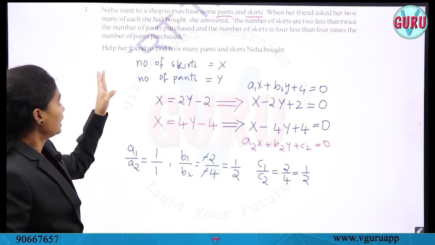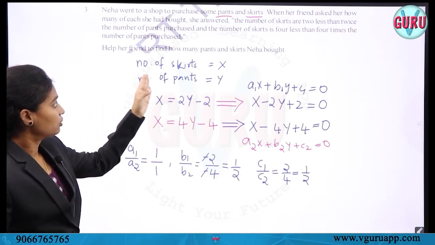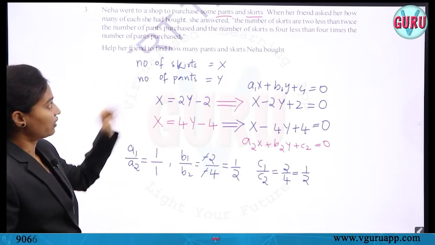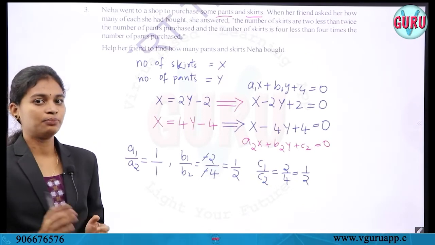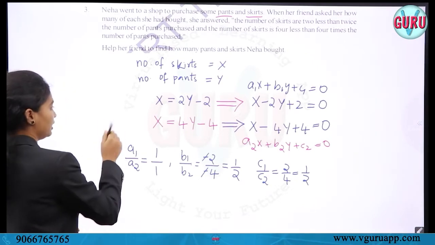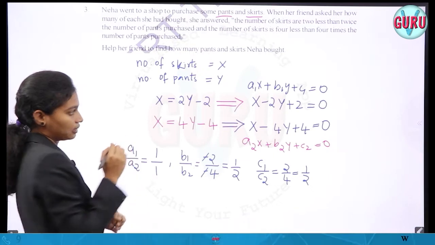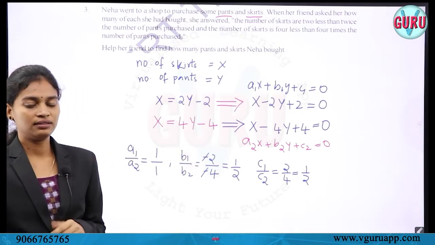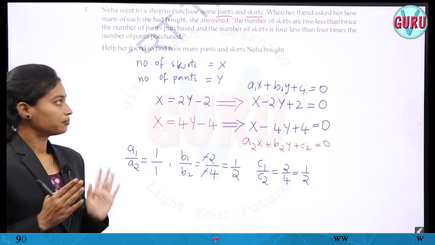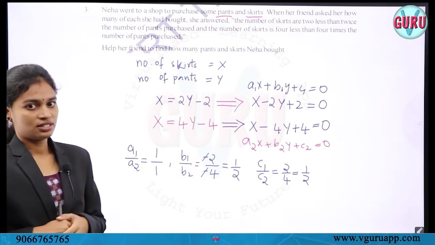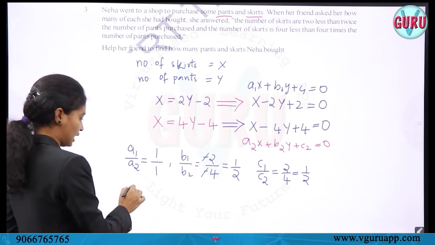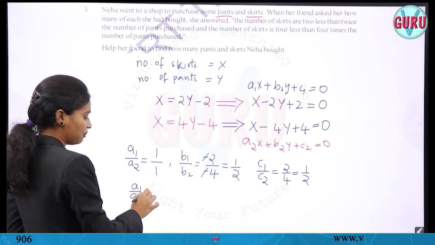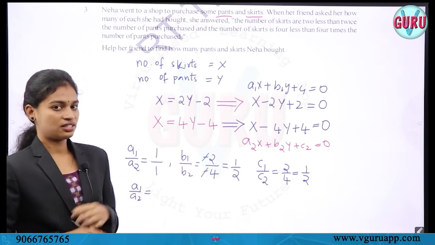So we need to help her friend to find how many pants and skirts Neha bought. So if we can find the point of intersection of these two lines, we can get the number of pants and skirts. So here a1 by a2, how I am saying that point of intersection is the answer?